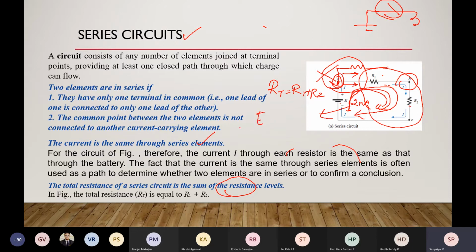As per Ohm's law, current will be V by R. Here V is the source, which is represented with the letter E. So E by the total resistance RT. And what is the unit of current? Amps. So the current flowing through the circuit is E by RT, where RT is R1 plus R2.